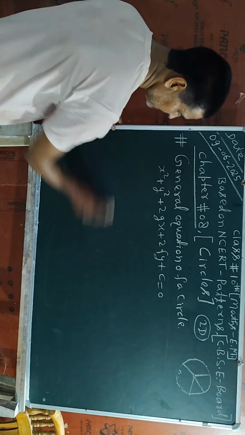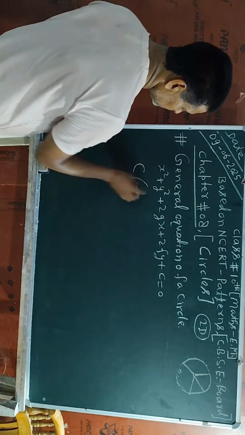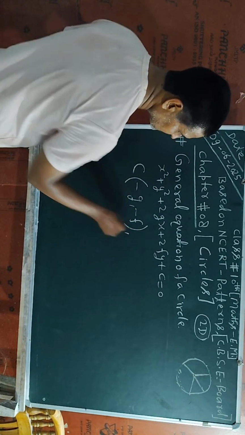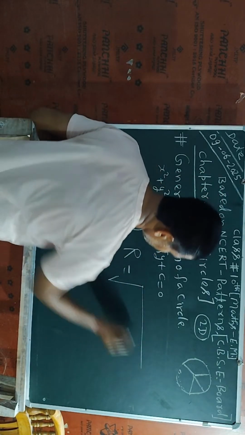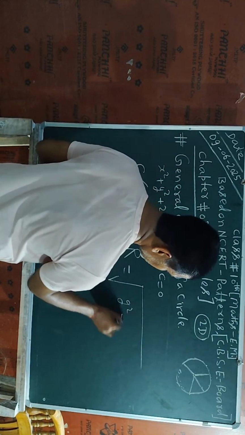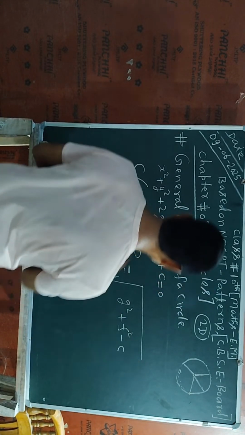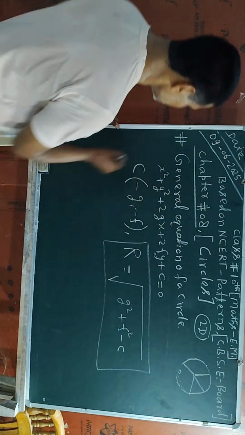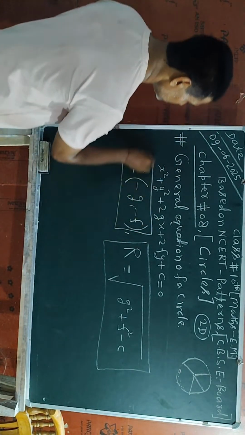The center of the circle is minus g comma minus f, and its radius will be r is equal to the square root of g square plus f square minus c. This information I have to write for getting the center and radius of the circle.